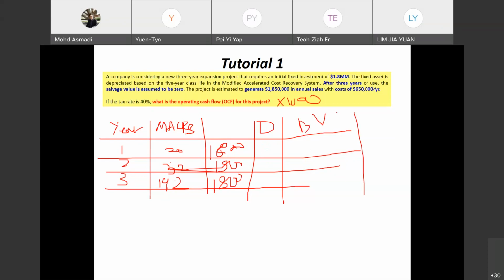Okay, book value times 1,000. Okay. So once you get this one, 1,800 minus with depreciation. Okay. So you can get this one. Okay. So you can do how much you can get this one? Book value.